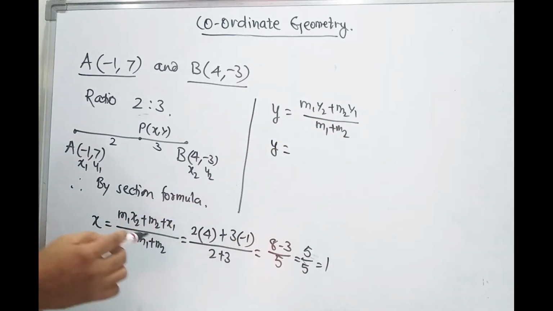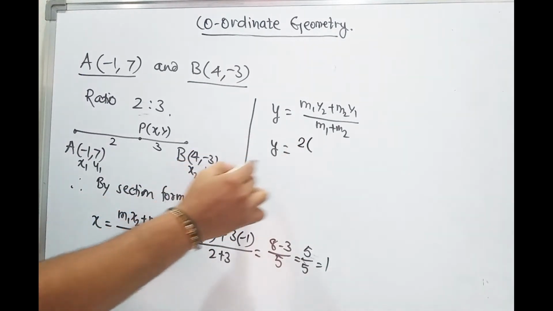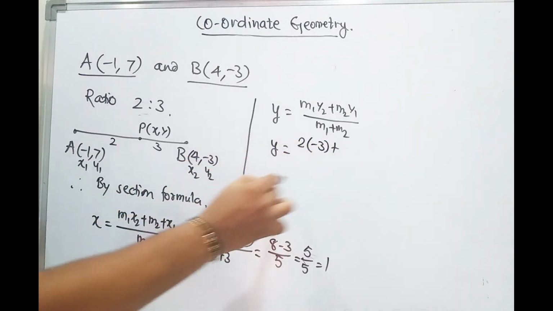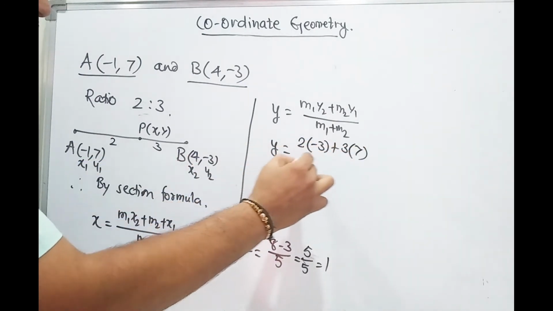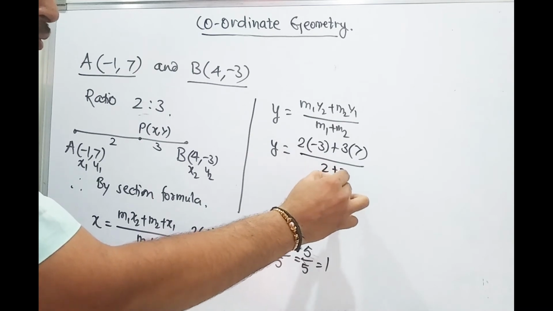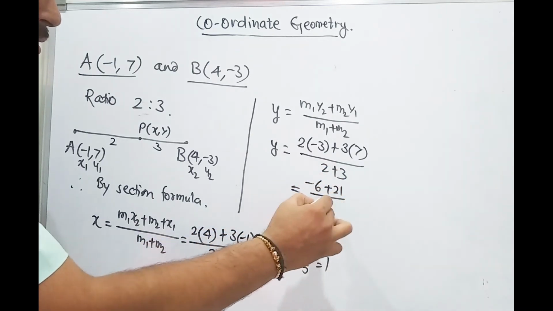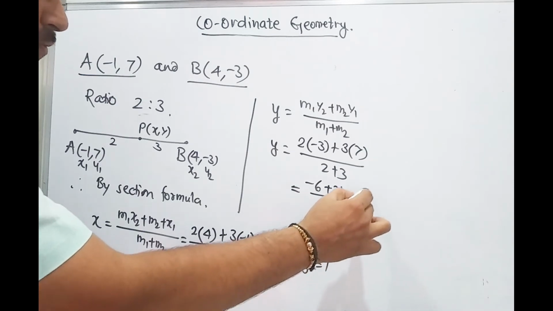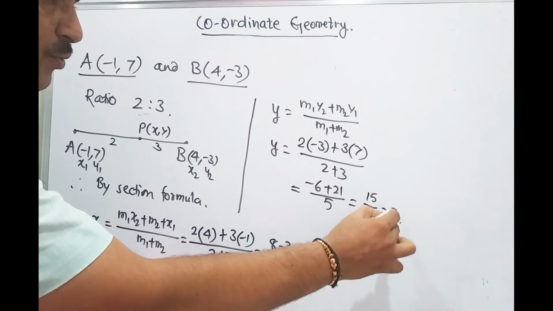What is the value of m1? 2 into y2 means -3 plus m2 means 3 and y1 is 7 divided by 2 plus 3. So -6 plus 21 upon 5, which is equal to 15 upon 5 is equal to 3.